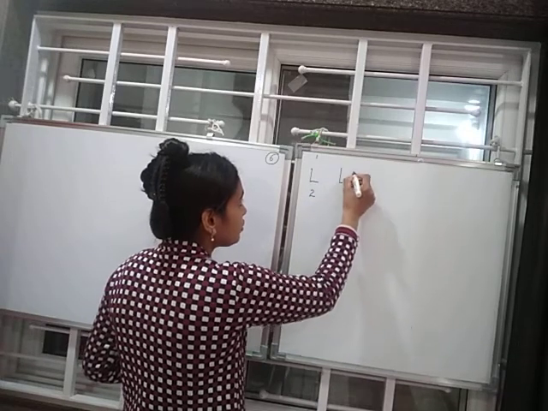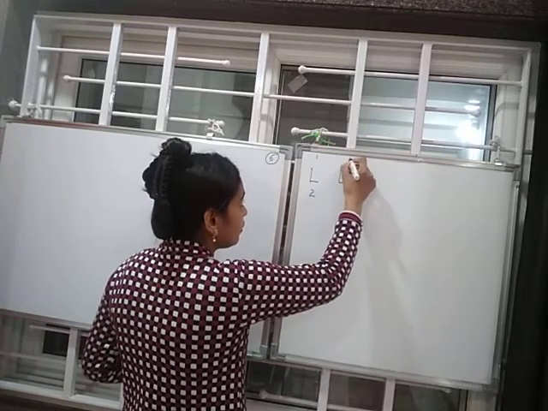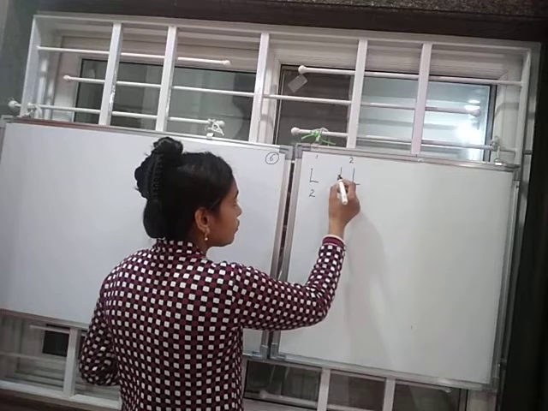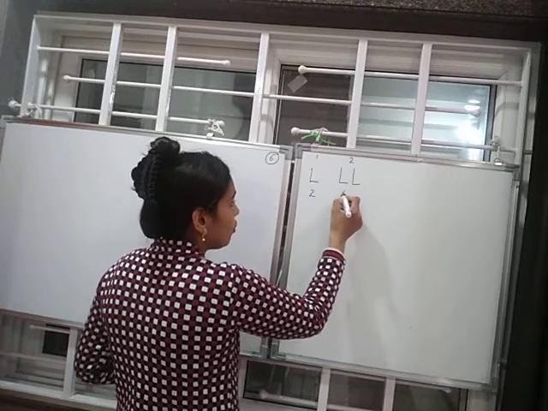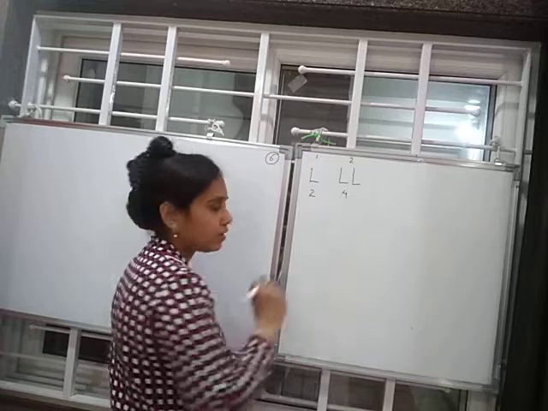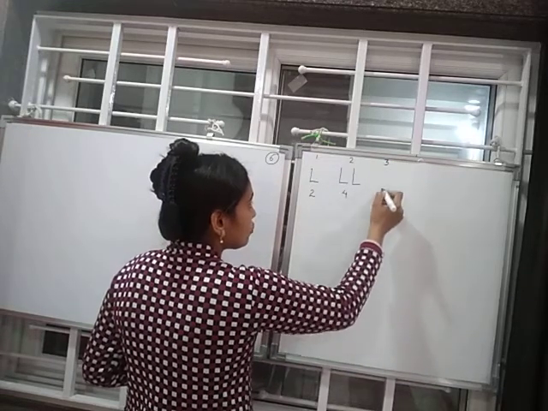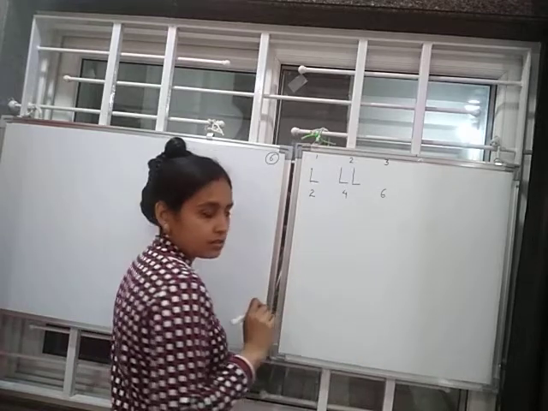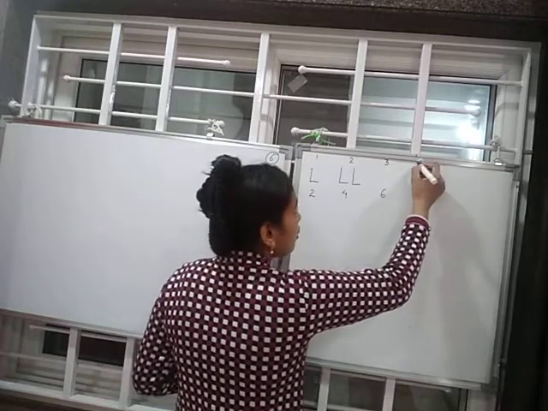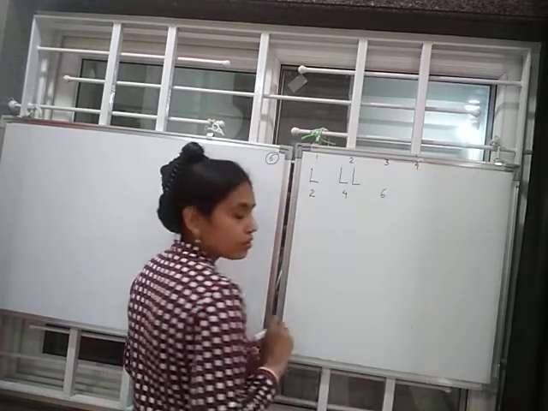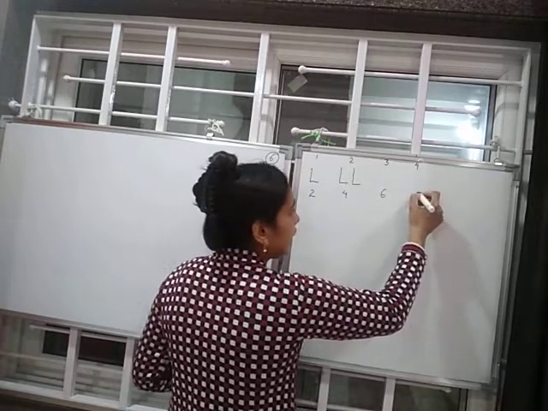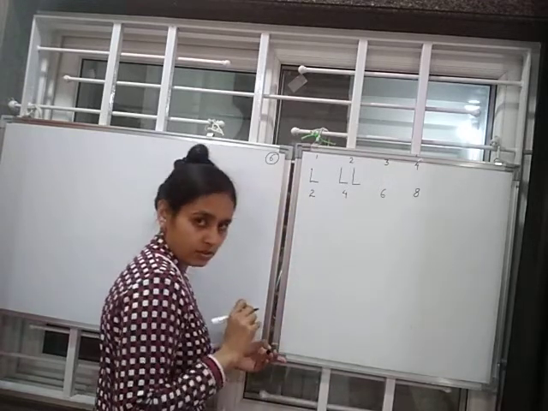Similarly, if patterns were two, then how many matchsticks? 1, 2, 3, 4. 4 matchsticks we were using. For 3 patterns, 3 twos are 6 matchsticks. For 4 patterns, 4 twos are 8 matchsticks, right?